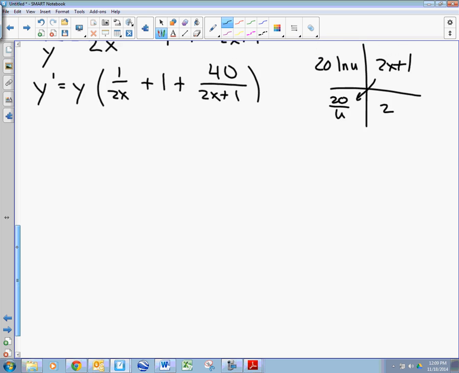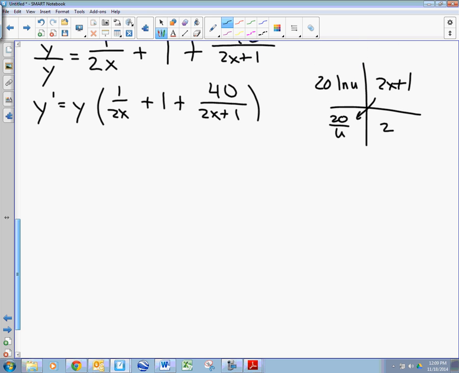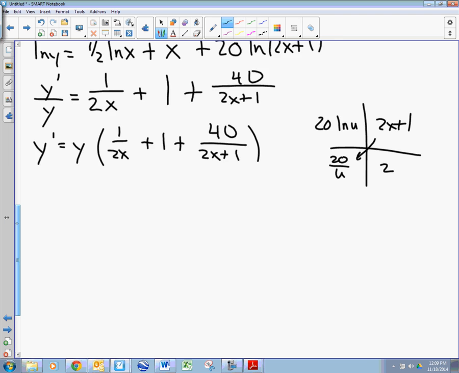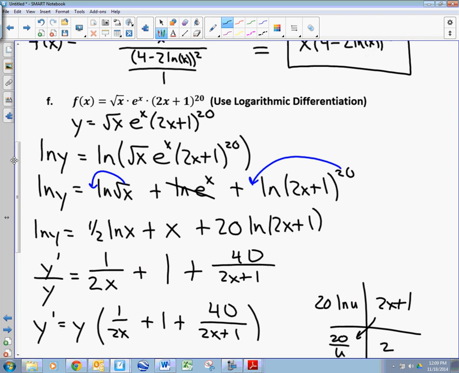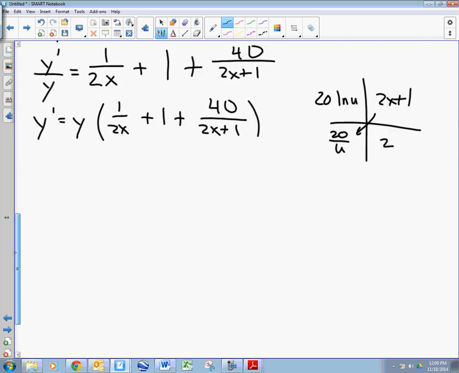And then I don't really like having the y there because when we have a derivative, it's much nicer to just have it in terms of x. What is y equal to? Square root of x times e to the x times 2x plus 1 to the 20th.